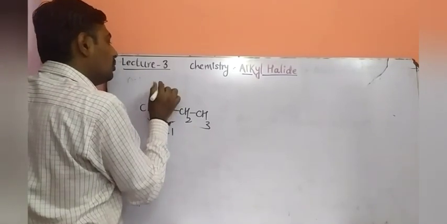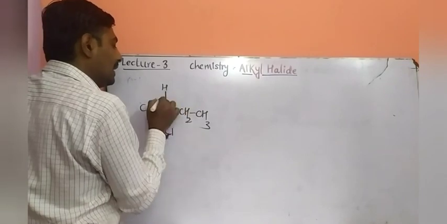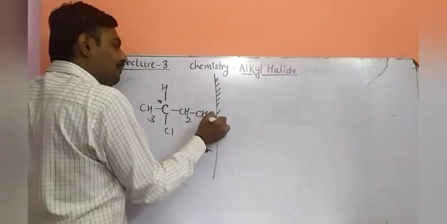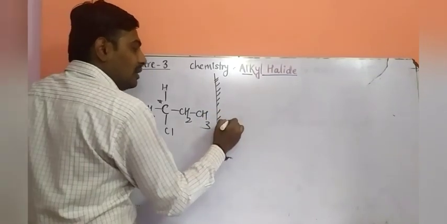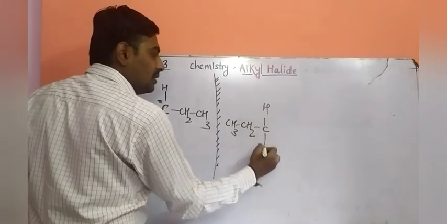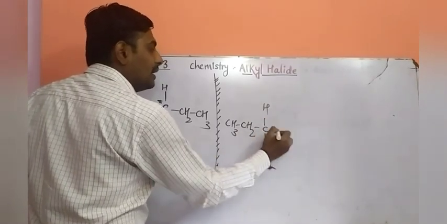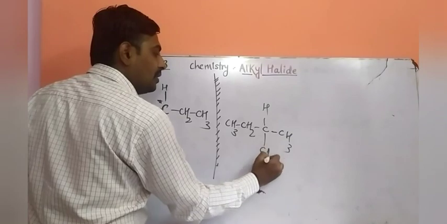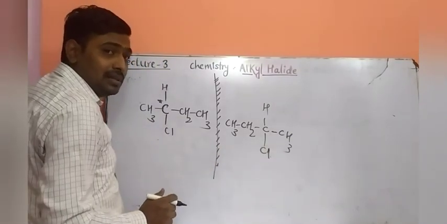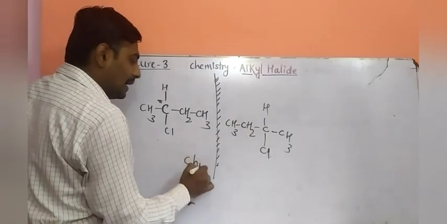So this is 2-chlorobutane, containing a second carbon that is a chiral carbon atom. When placed in front of a mirror, what does it give? It gives an image like this: CH3, CH2, C, H, Cl, and the remaining CH3. So these two images are non-superimposable mirror images. So this compound is called a chiral compound.